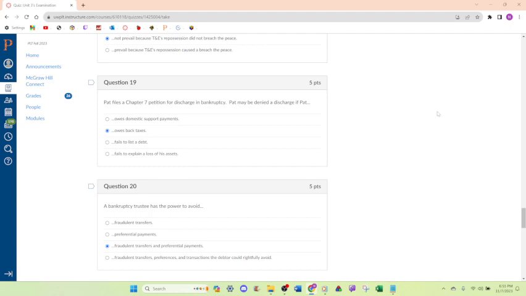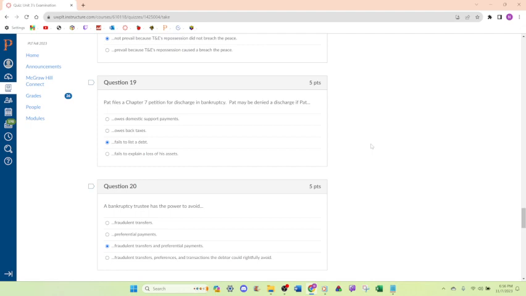You've got to be kidding me. I hate this question. What is back tax? Like, you're going to be denied discharge. But here's the thing, though. It didn't say whether he had multiple debts.